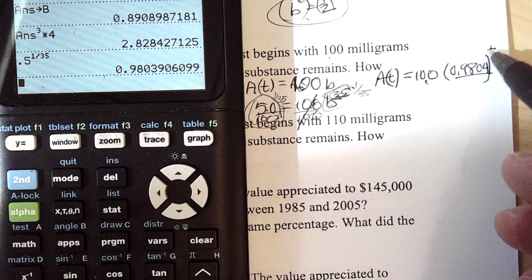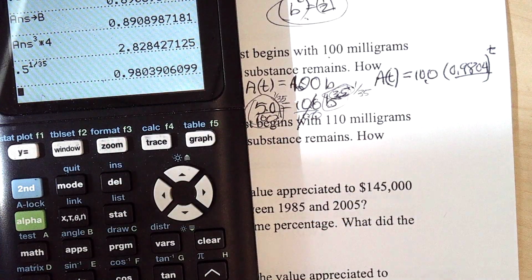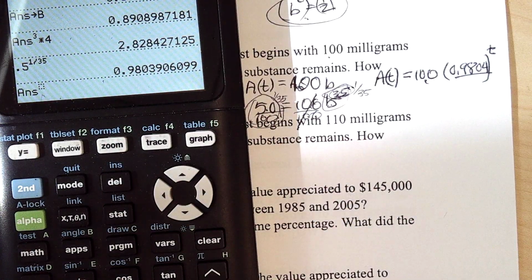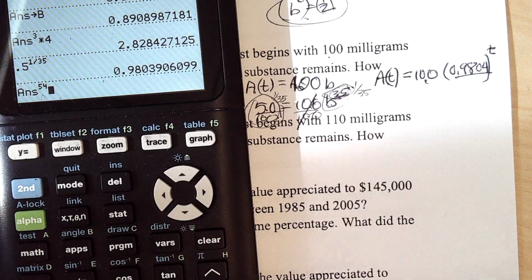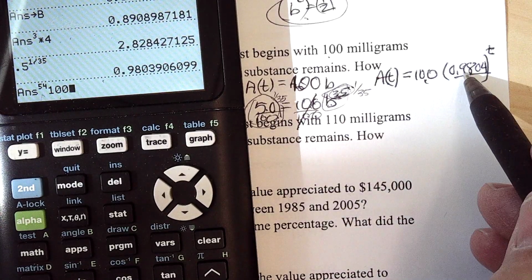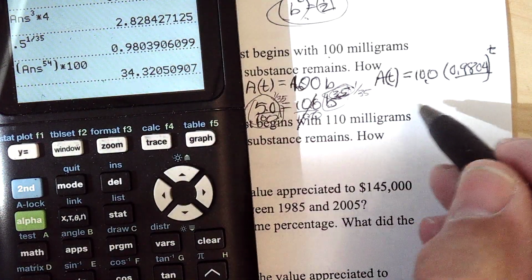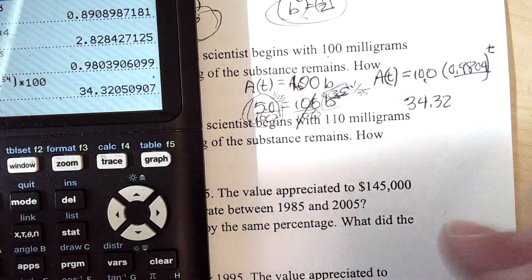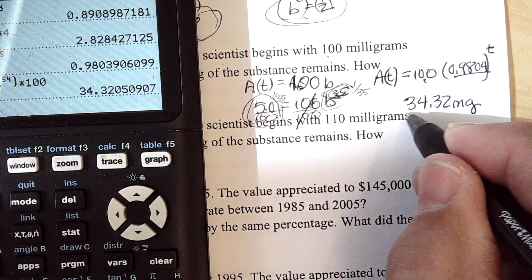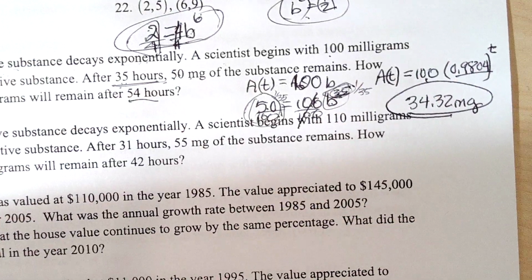So I can put 54 in for the T. So I got to take this number to the 54th power and take that times 100. So I'm taking my base to the 54th power times 100, and I get 34.32 milligrams will be left after 54 hours.